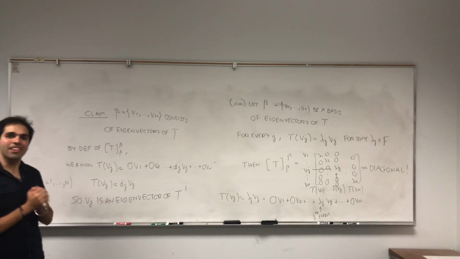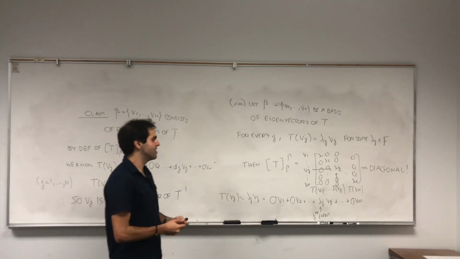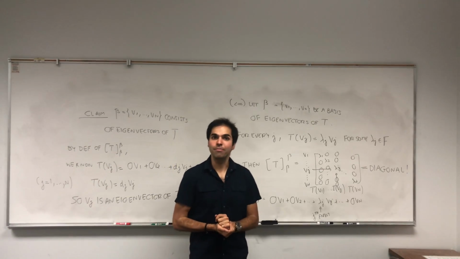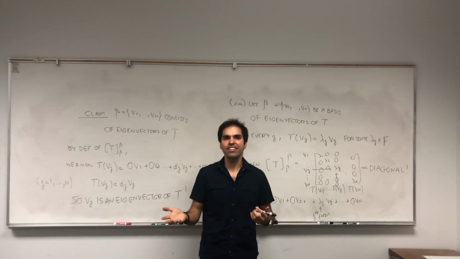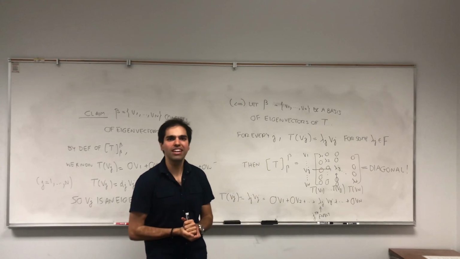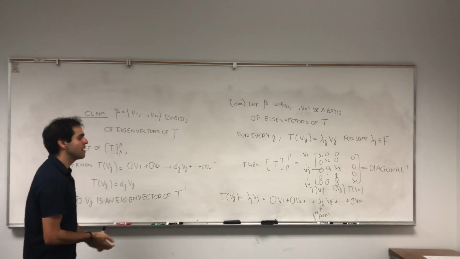So that was one very useful characterization of diagonalizability, and this is why, to figure out if something is diagonalizable, you have to find the eigenvalues and eigenvectors.